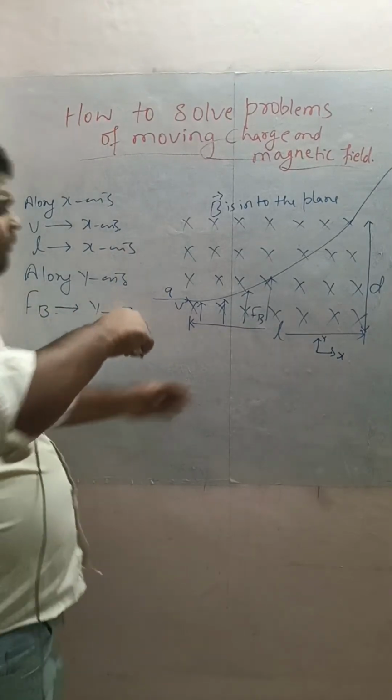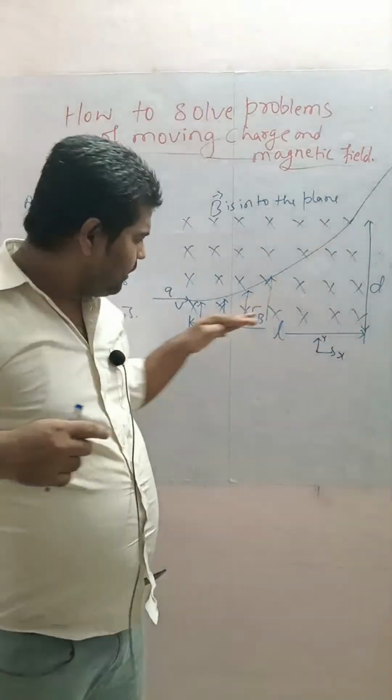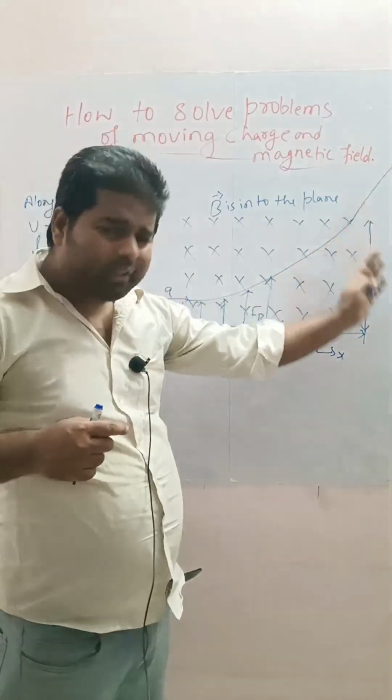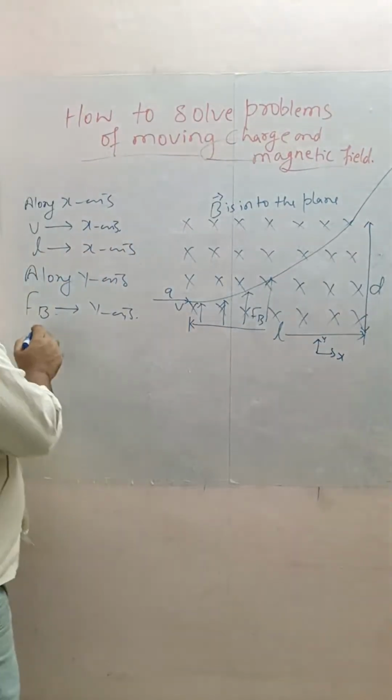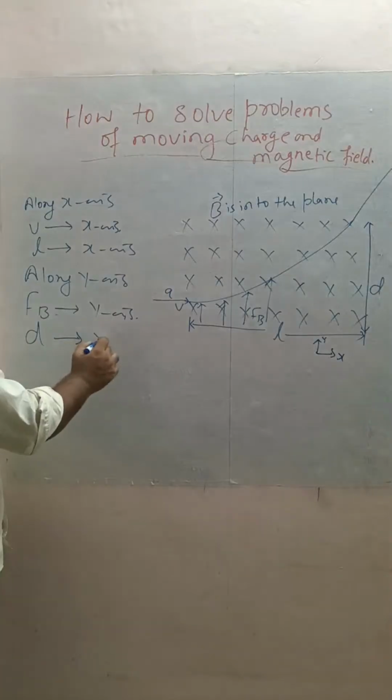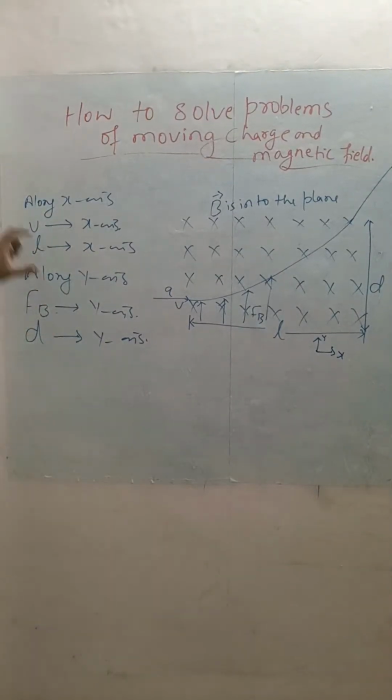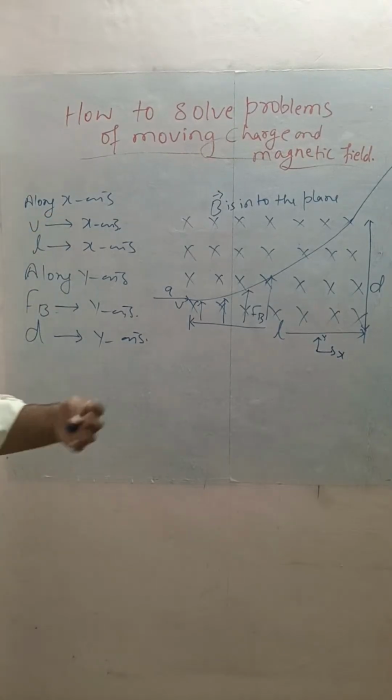And the deflection from the horizontal motion, the deflection in the vertical direction, d, that we have to find. d is along the y-axis, remember, understood? Now, solve for something along the x-axis and solve for some other thing on the y-axis.